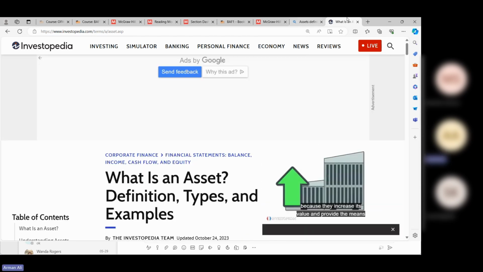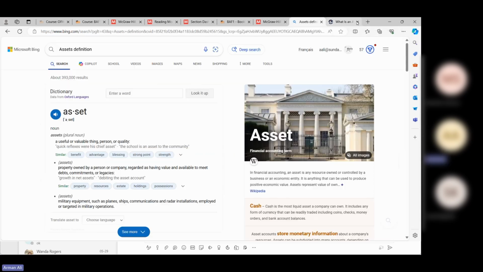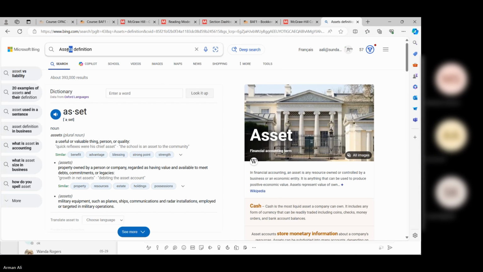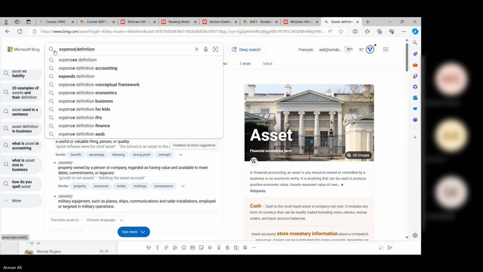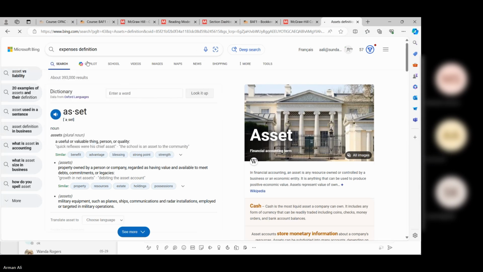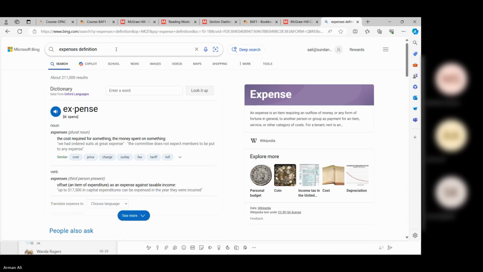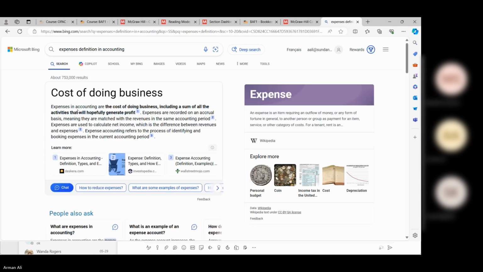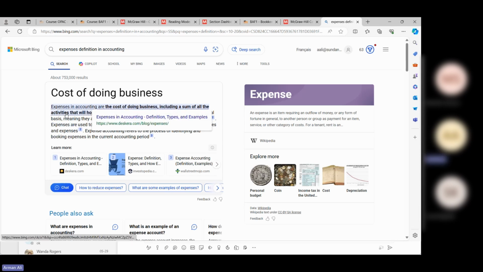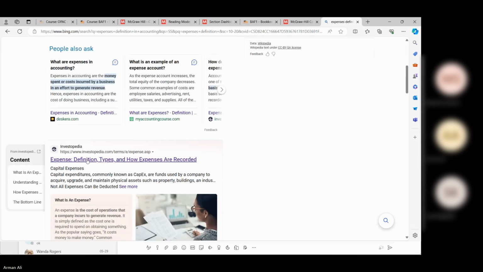Now let's look at expense. Expenses in accounting are the cost of doing business, including the sum of all the activities that will hopefully generate revenue.